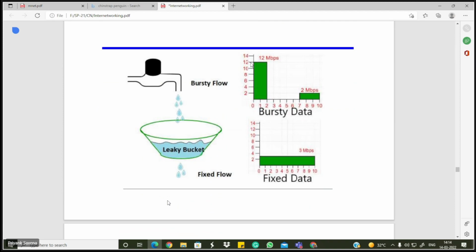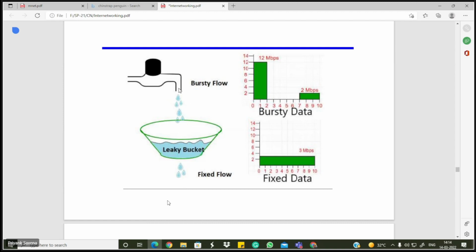In this leaky bucket scheme you have a bursty flow, right? Like when you open a tap, the water comes very fast, but the hole at the bottom of this bucket is of fixed size. So the water flowing out is of a fixed flow, right? That controls the traffic.